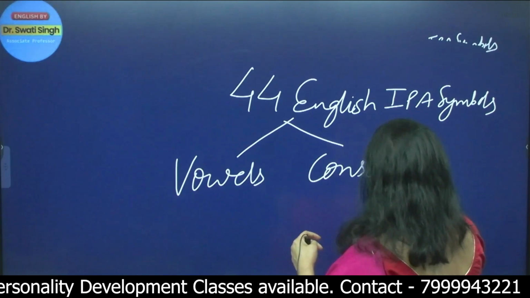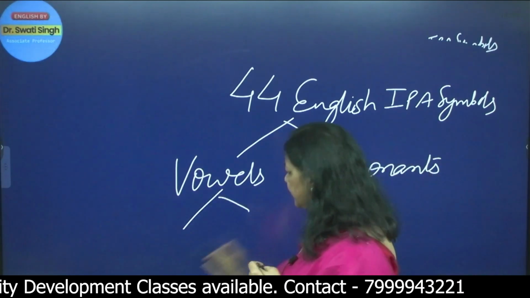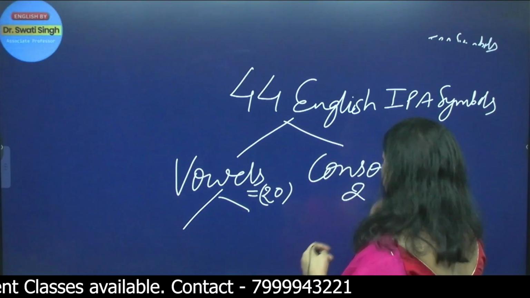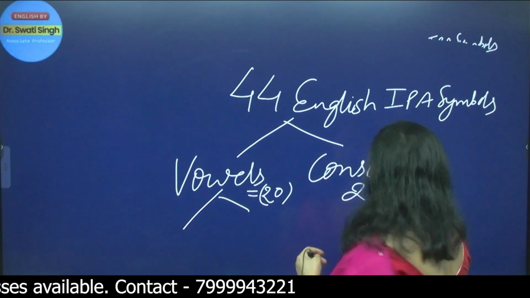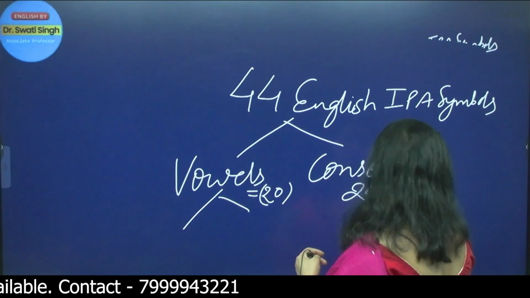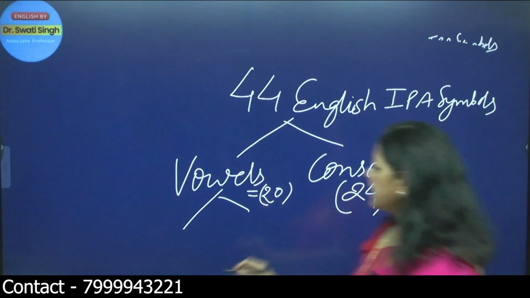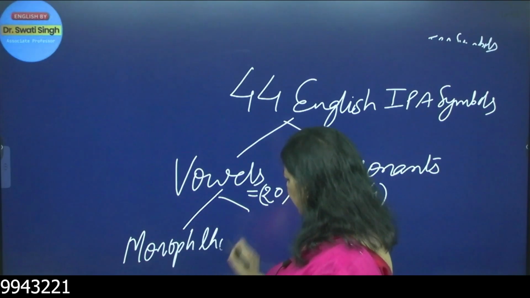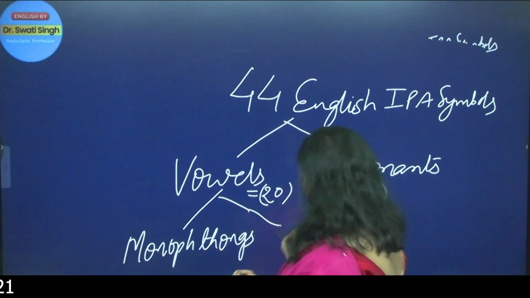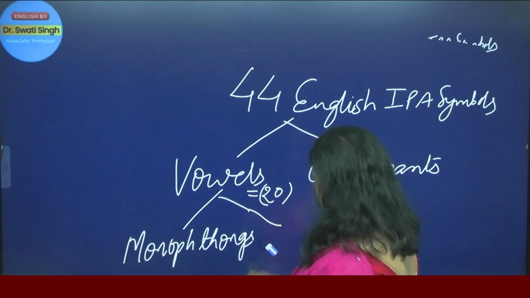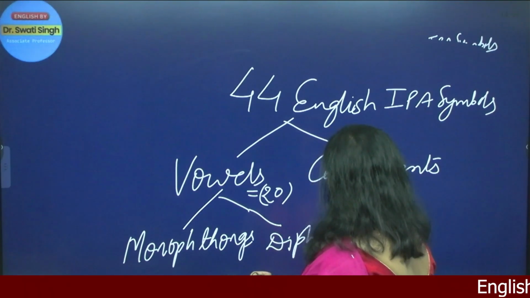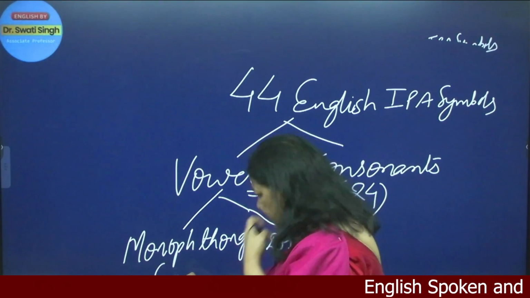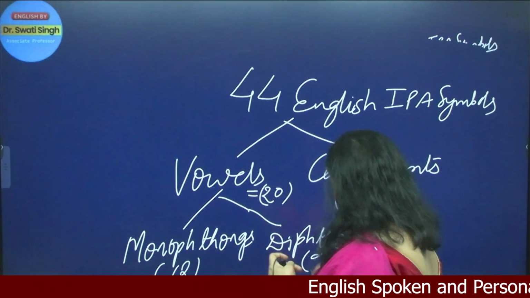Vowels are 20, and 24 consonants are there. Vowels are again divided into two categories. One is called monophthongs, and another one is called diphthongs. So that is 12 monophthongs and 8 diphthongs.